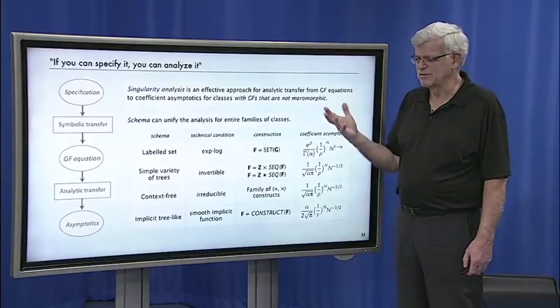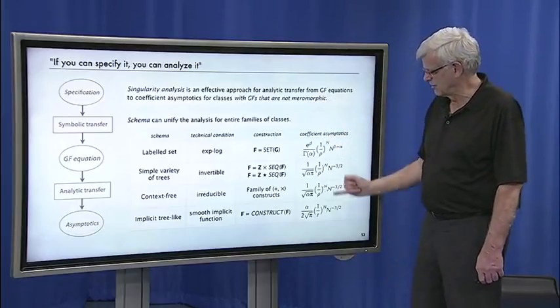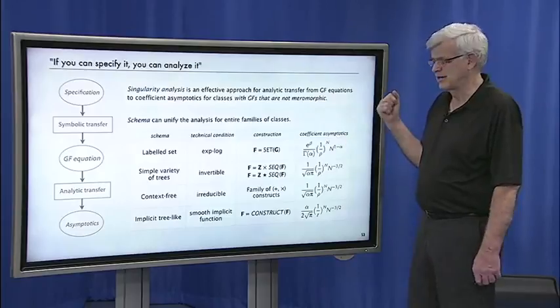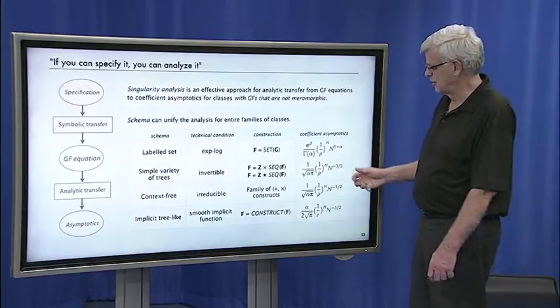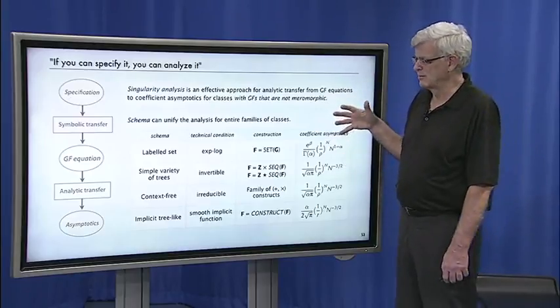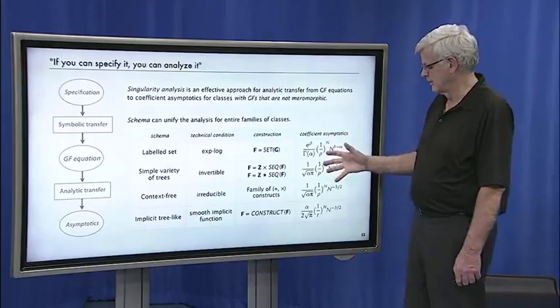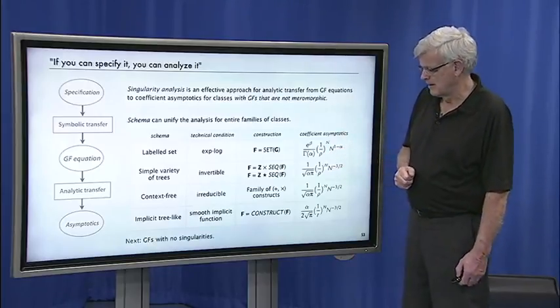Just using the basic principle of coefficient asymptotics, the location of the singularity is going to give you the asymptotic growth, and the nature of the singularity is going to tell you about the sub-exponential factor and the constant. And in a great many cases, we can compute these things exactly to arbitrary asymptotic accuracy.